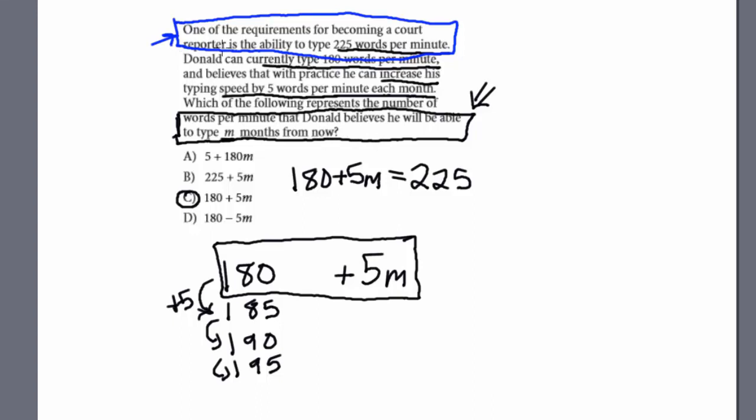Even when I was reading through, I said, let's start by underlining this. But when you find out what you're being asked, you might want to go back and say, oh, I thought this was important, but it's not really important. The question is not asking me anything about becoming a court reporter. It's asking me about Donald and his rate of typing. Okay, let's go to another question.